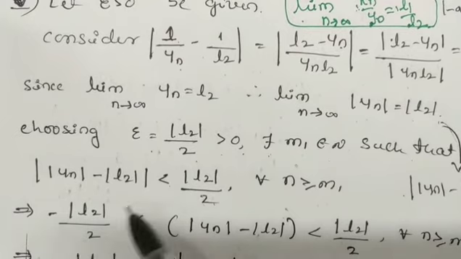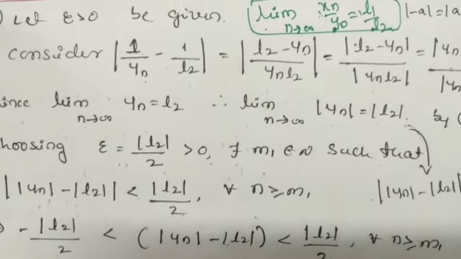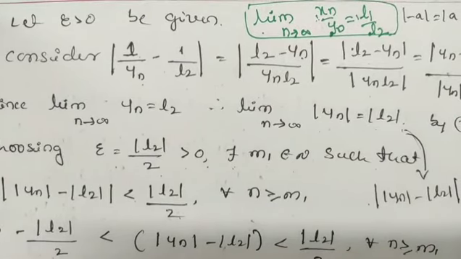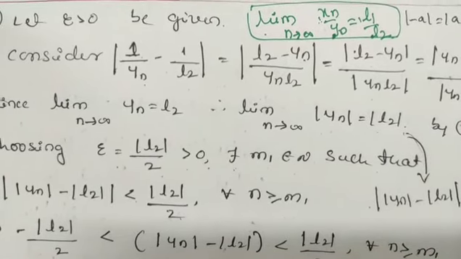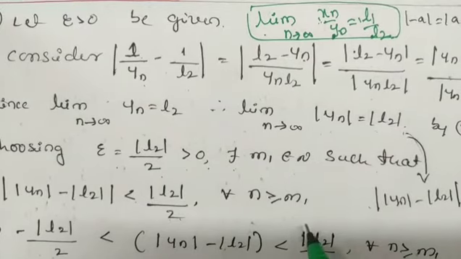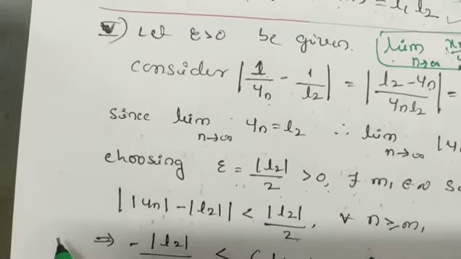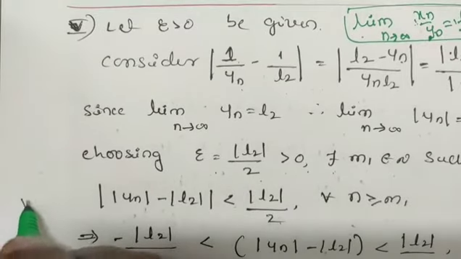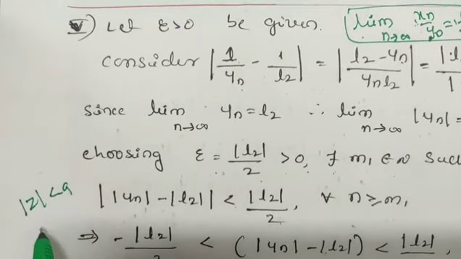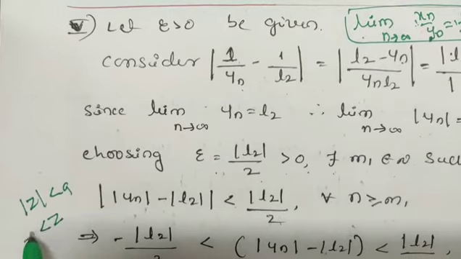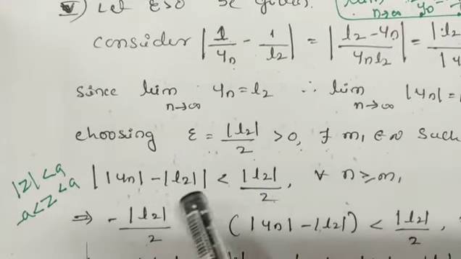Now this implies, if you open this mod, we know that if mod z is less than a, then z is greater than minus a and less than plus a. Like that, we remove this mod.